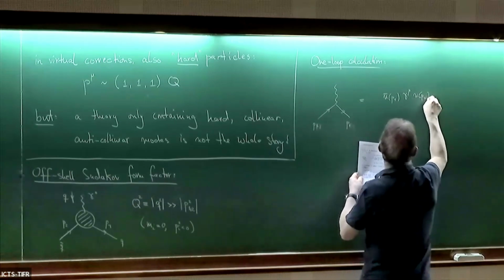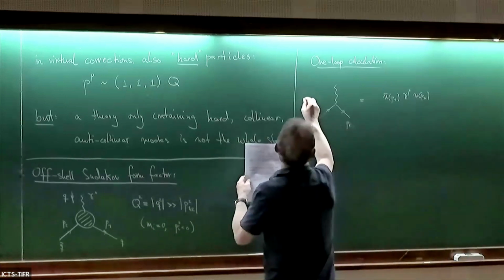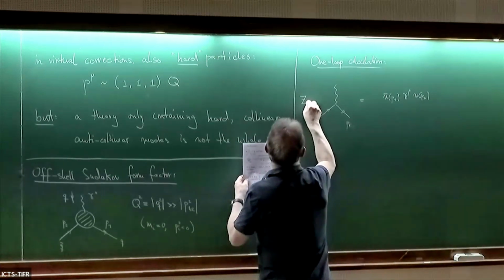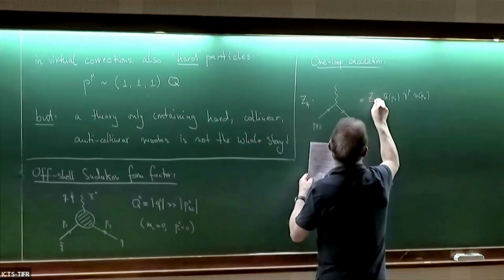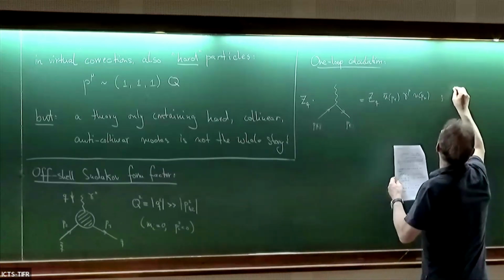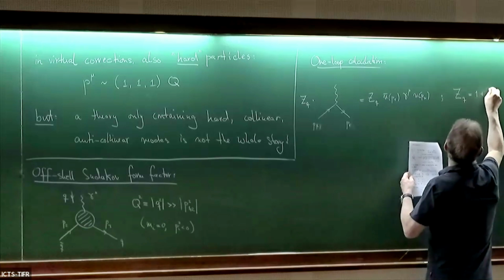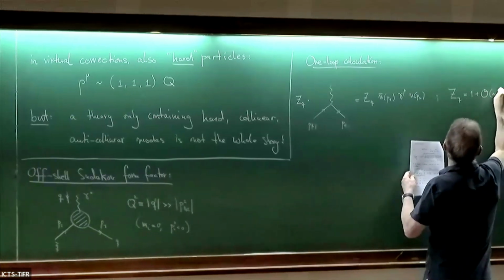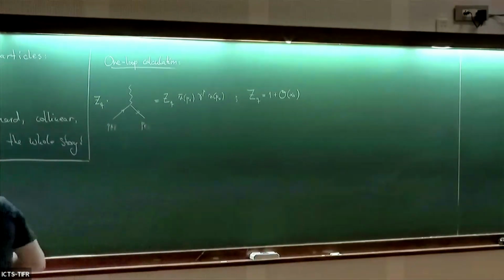So totally trivial, of course, at tree level. If we go to one loop, we should multiply this by the wave function renormalization constant for the quarks, which itself is 1 plus order alpha_s. And the renormalization constant you can just look up in textbooks, so I'm not going to bother you with that.